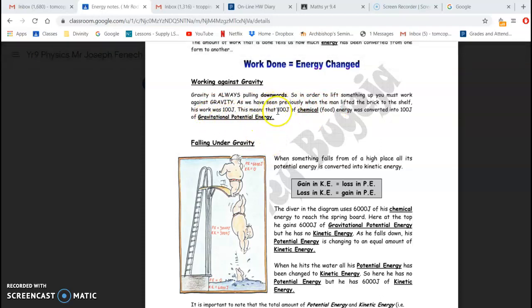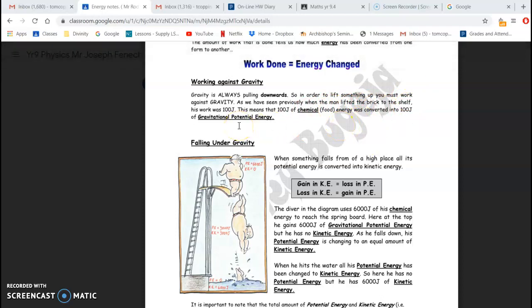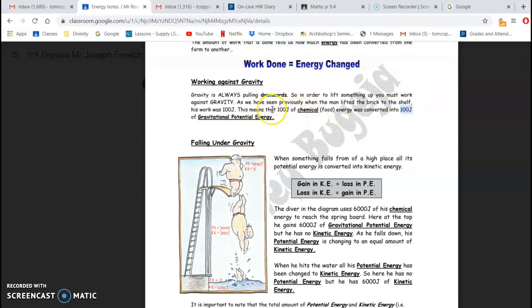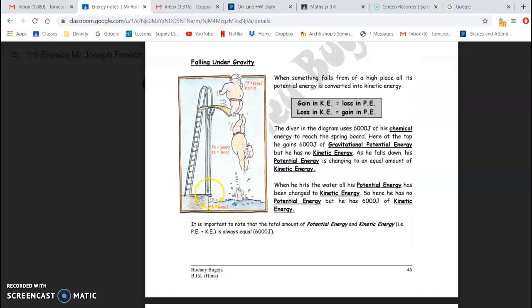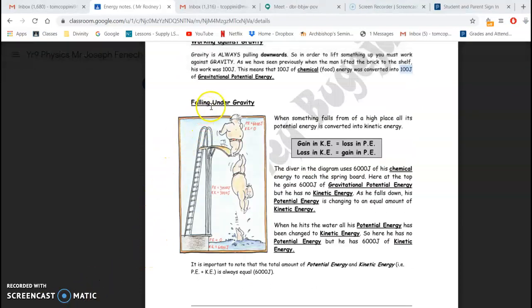So 100 joules of chemical energy, which you got from the food, was changed into 100 joules of gravitational potential energy. You see, the amount stays the same, it's still 100, but the type of energy changes from chemical to gravitational. Continuing, falling under gravity.